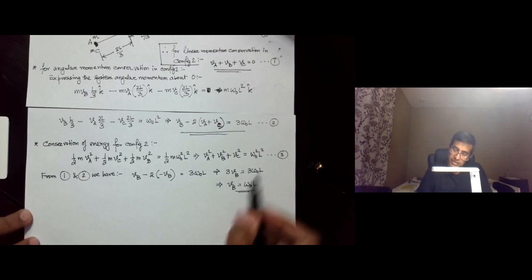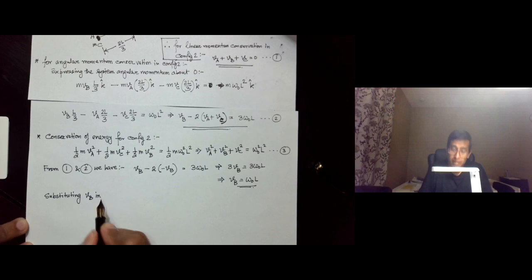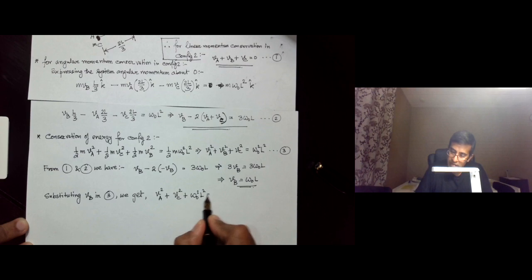Now we substitute this in equation 3. We have VA squared plus VC squared plus omega squared L squared is equal to omega squared L squared.